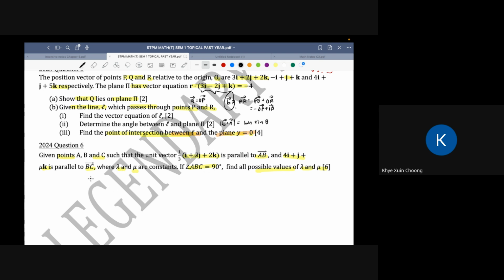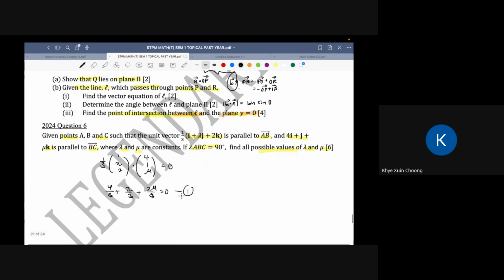So you dot this one with the other one, and you should get 0. Solving the dot product: 4/3 plus lambda over 3 plus 2 mu/3 equals 0. You can get one equation now.